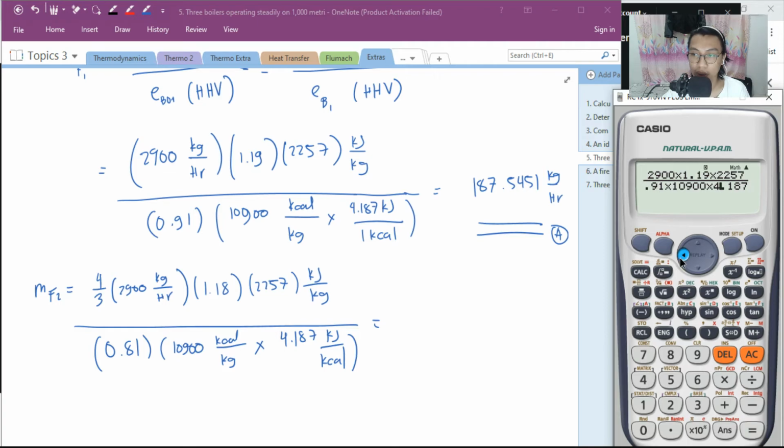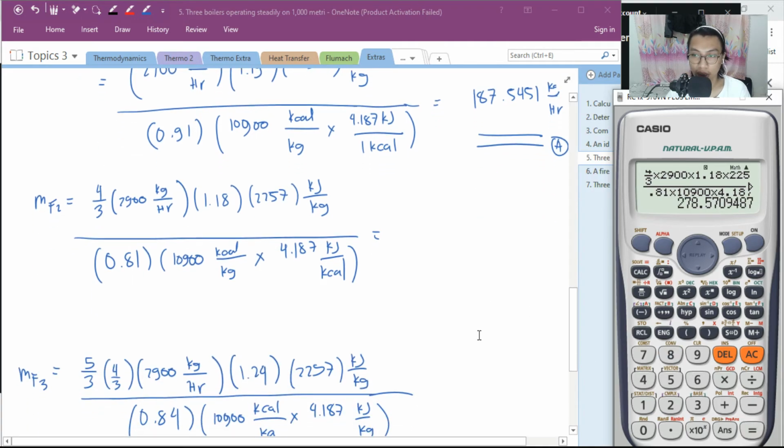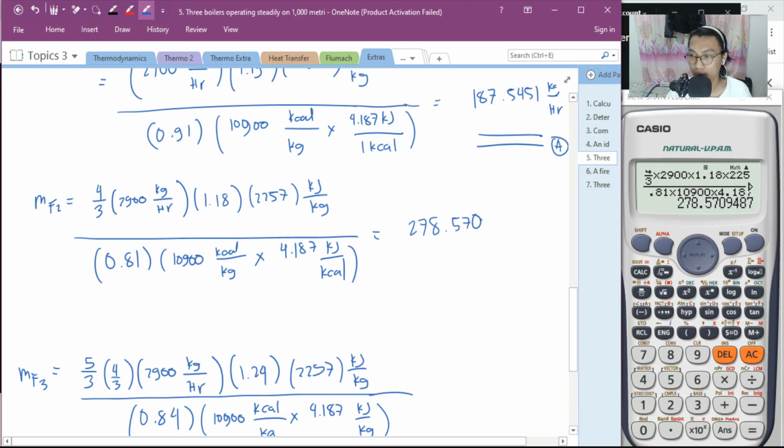Ito, 2,900, 4/3 yung nasa taas, tapos 1.18, 0.81. Yun. 278.5709 kilogram per hour. Store natin to kay B.